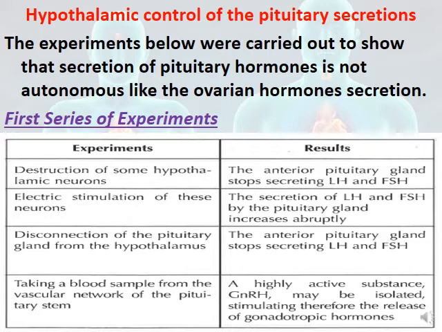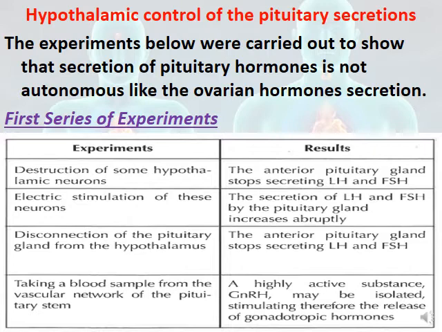Let's start with the first series, with the first experiment in the first series. We had the destruction of the hypothalamic neurons. The result is that the anterior pituitary gland stops secretion of LH and FSH. What does this indicate? This indicates that these hypothalamic neurons are responsible for the secretion of LH and FSH.